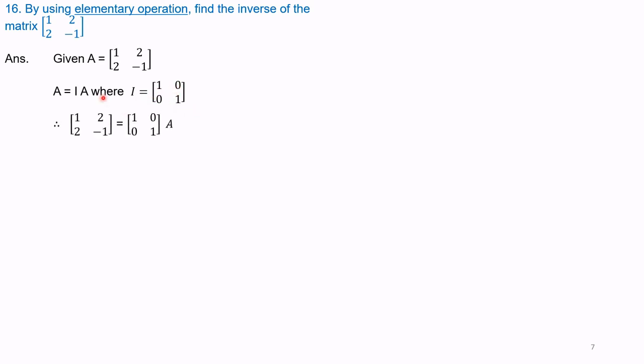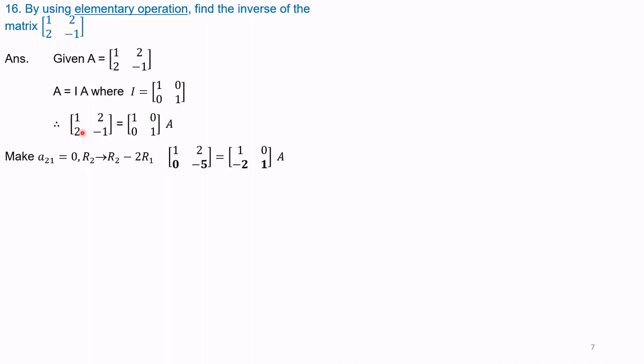Therefore, substituting the values of A, 1, 2, 2, minus 1, on the right side, the identity matrix 1, 0, 0, 1 into A. So, our main approach is to make the left hand side an identity matrix, that is 1, 0, 0, 1, by performing transformation operations.